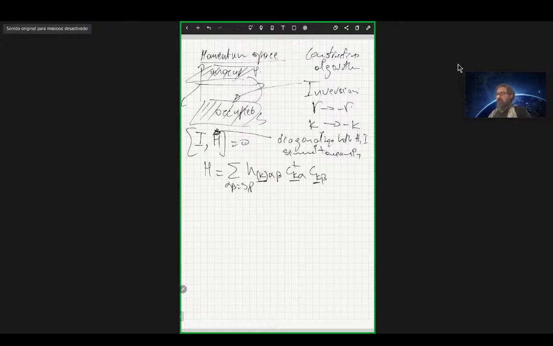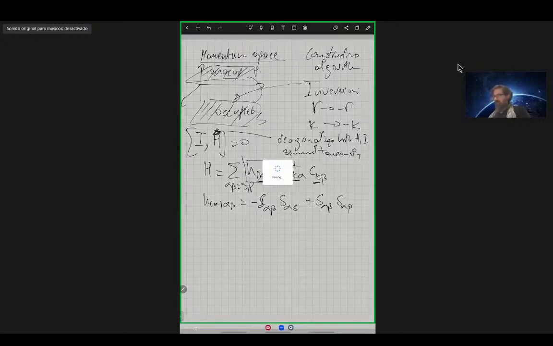So then it's very easy to find the energy levels of this Hamiltonian. For example, in our previous example, H_K alpha beta was particularly simple: it was minus delta alpha beta if alpha was an s orbital, and plus delta alpha beta if alpha was a p orbital. Right, so let's see, where do I have it? I have it here, right?